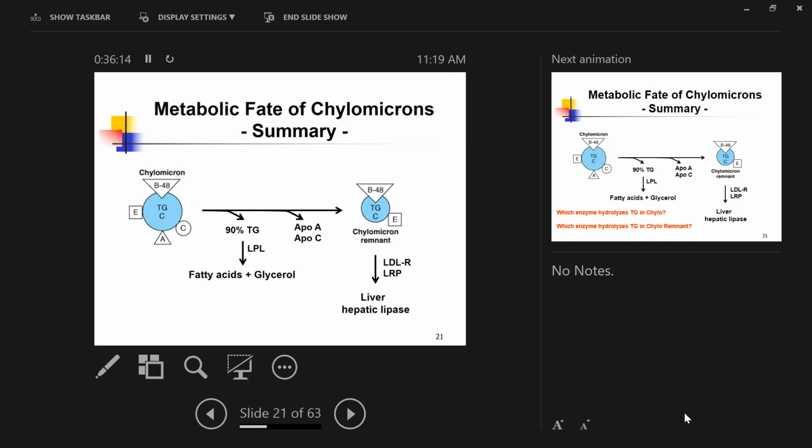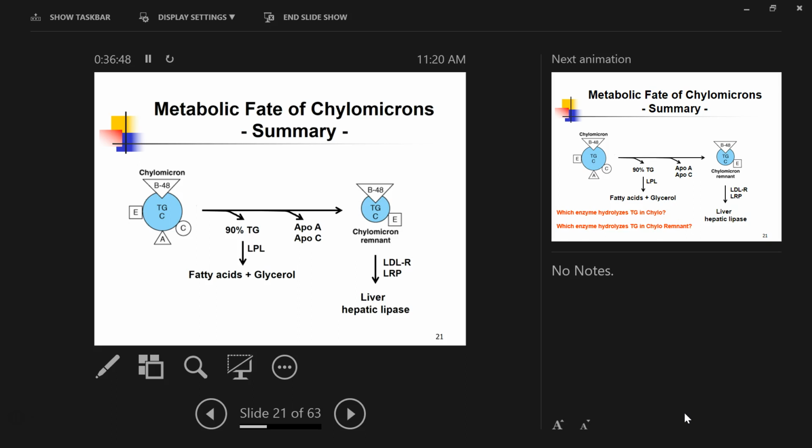This is just an overall summary of the chylomicron metabolism. So this is a mature chylomicron. It has a lipid core and four different types of apoprotein. Once it arrives in the adipose tissue, 90% of triglyceride in the chylomicron core is released by LPL together with ApoC2.